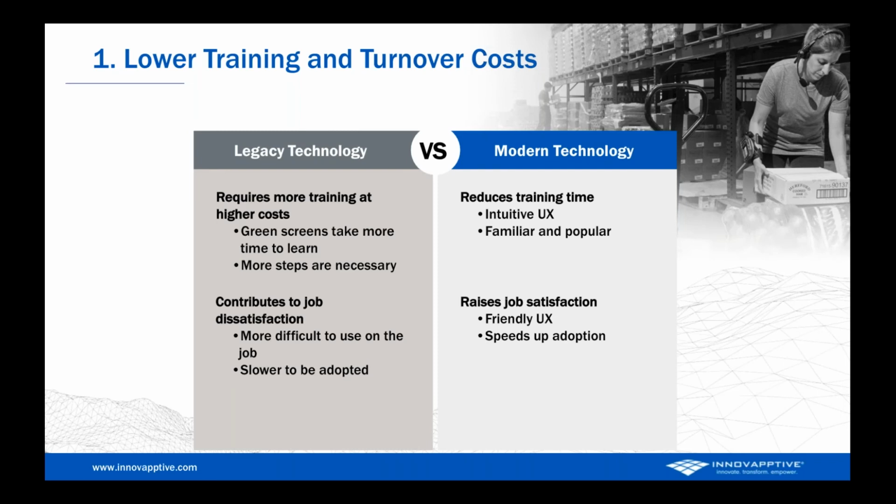So modern technology is really all around the user experience. You need to be able to train people very quickly. You don't have to send people on formal training courses. It needs to be a device they can pick up and, like any app that you download, they can really learn how to use it in minutes. Otherwise, it won't be adopted.